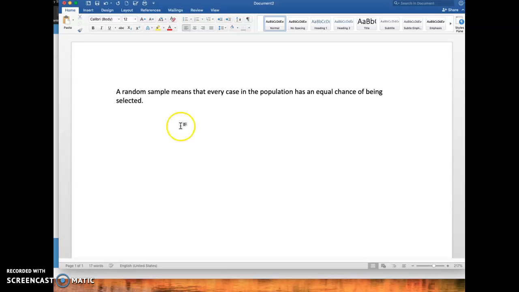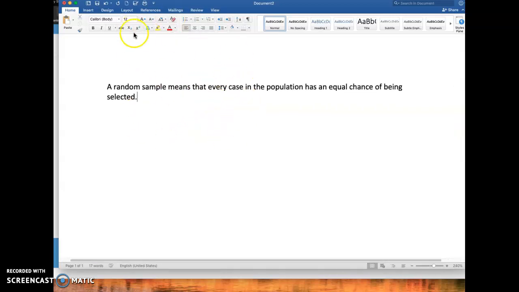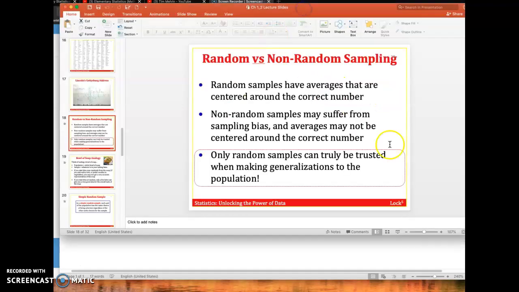That's what I mean by a random sample. You're not going to miss out. Think about the Dewey versus Truman poll. The problem with that is if you didn't have a telephone, you had no chance of being selected in 1948. So equal chance of being selected, that's what we mean by a random sample.